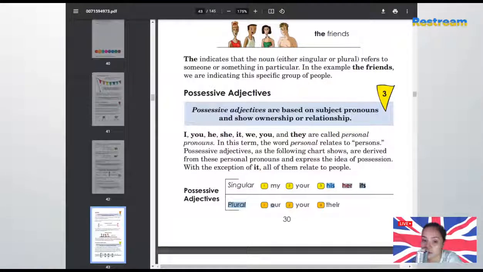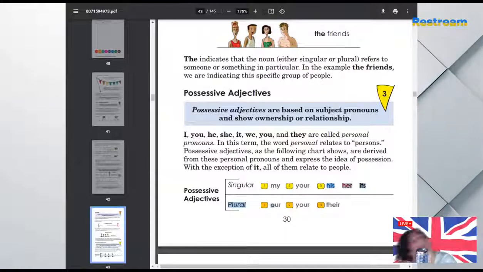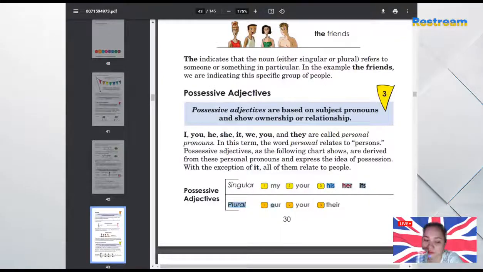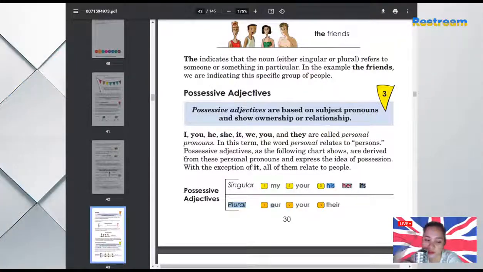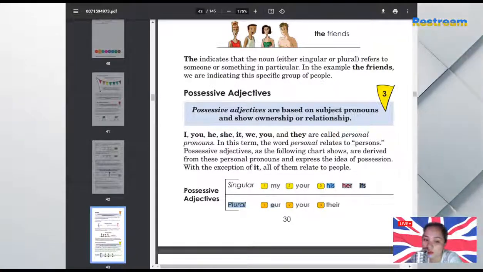Who remembers what that is? When we say singular, it is for one person only, a single, while plural is two or more.